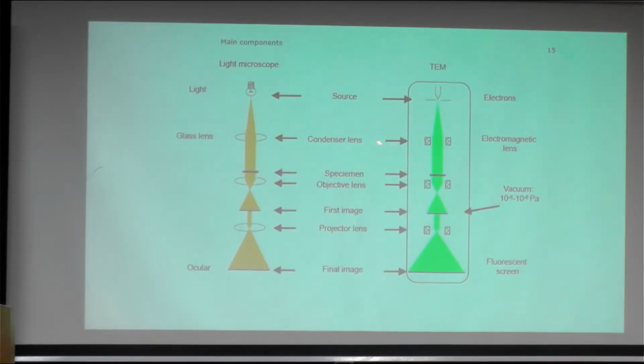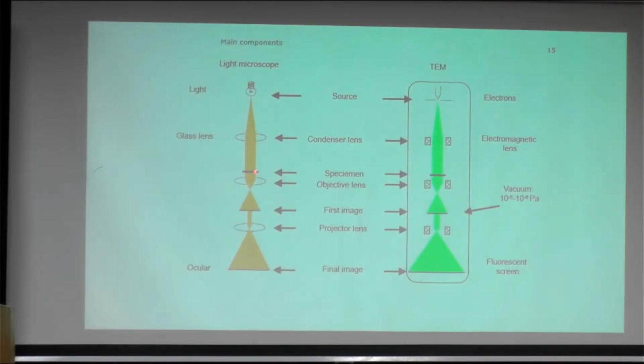Then to manipulate the electron beam, you need special lenses, and these are electromagnetic lenses instead of simple glass lenses. Then you need a very thin specimen.